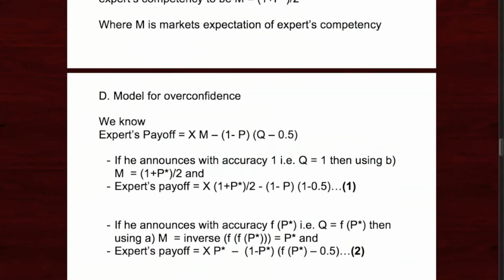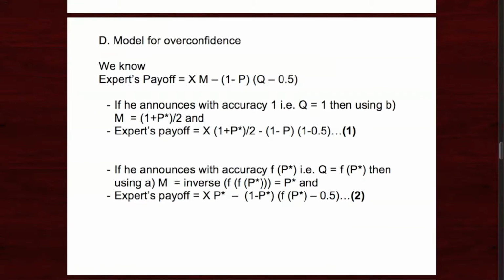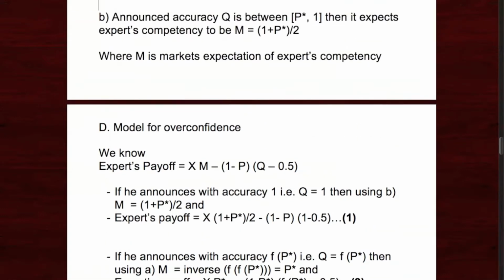So going back to the expert's payoff, we now calculate the expert's payoff in both these cases. In the case where the expert announces with accuracy 1, where Q is equal to 1, we use the expectation of expert's competency that we have determined, in place of M, and we get the expert's payoff, x times (1 plus P star) divided by 2, 1 minus p, and Q is equal to 1, so 1 minus 0.5.